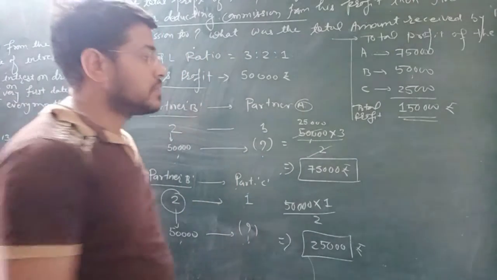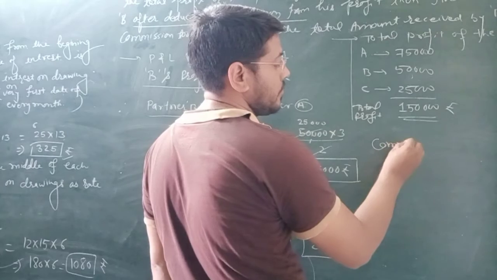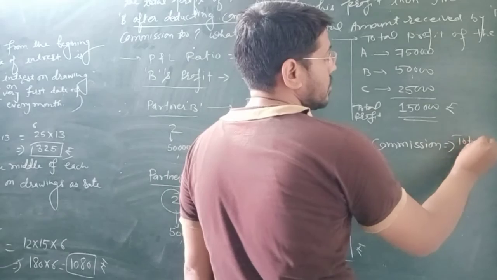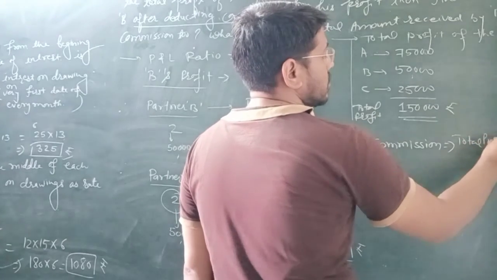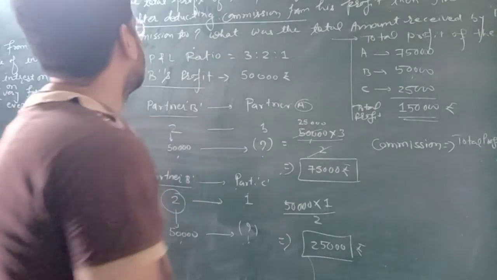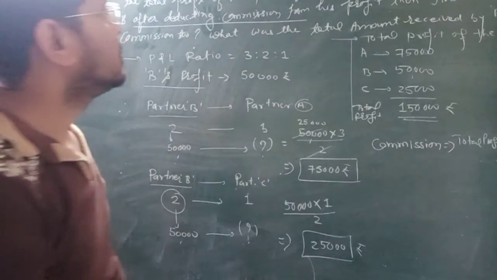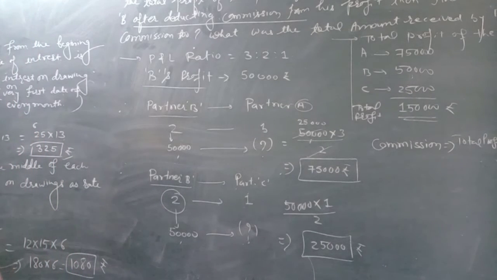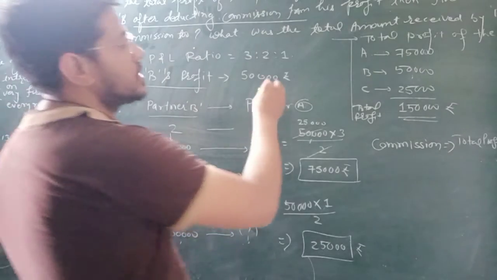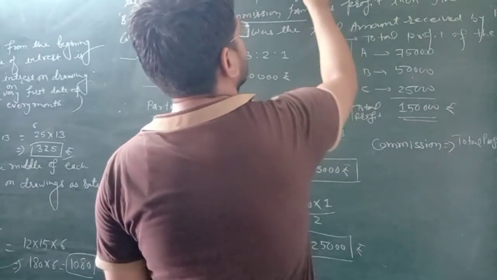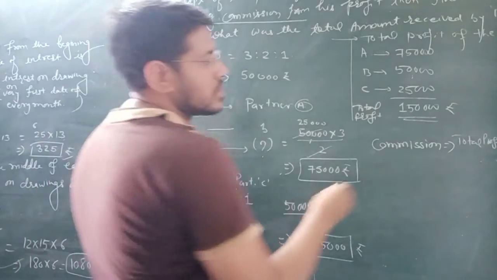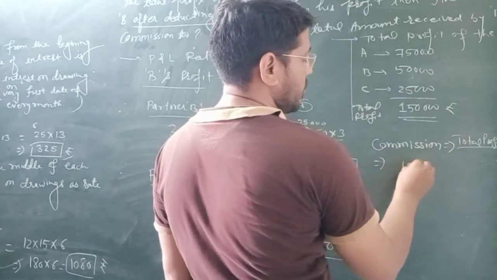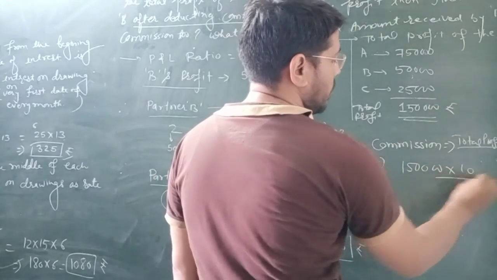So simply, the formula for commission that I made you write is: total profit into your commission rate, suppose 10%, so 10 by 100. You can see 150,000 into 10 divided by 100.